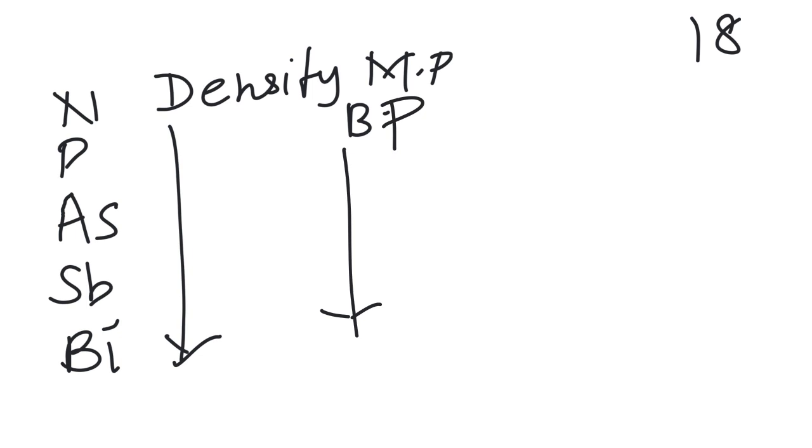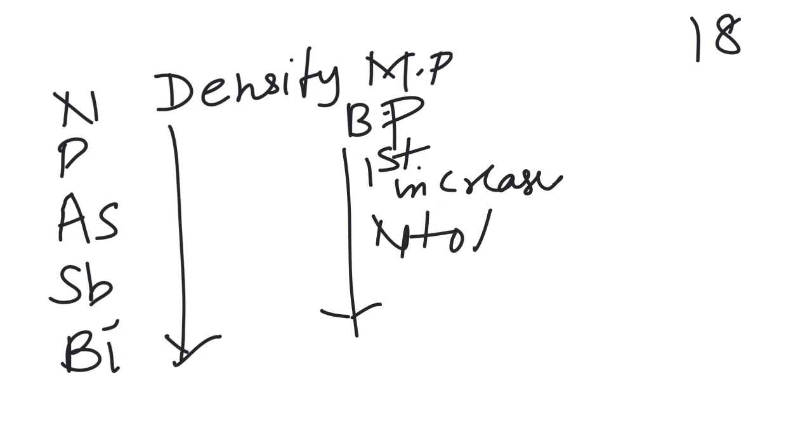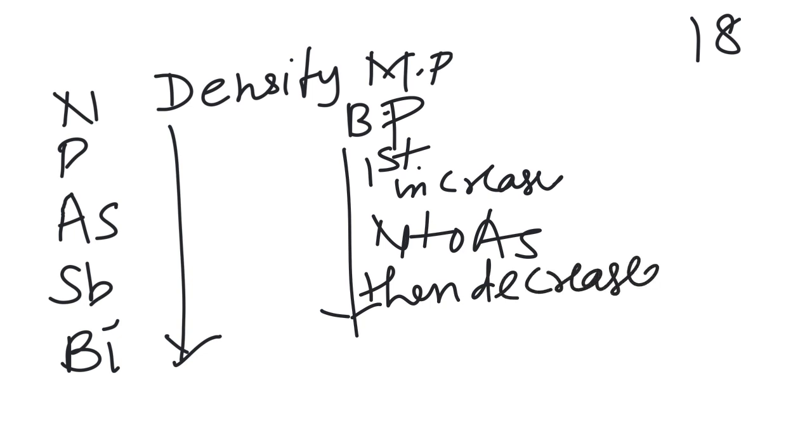But you will see a different trend in the melting point and boiling point. It first increases from nitrogen to arsenic, then it decreases. Some exceptions you always see in the trend, and that exception is always important.